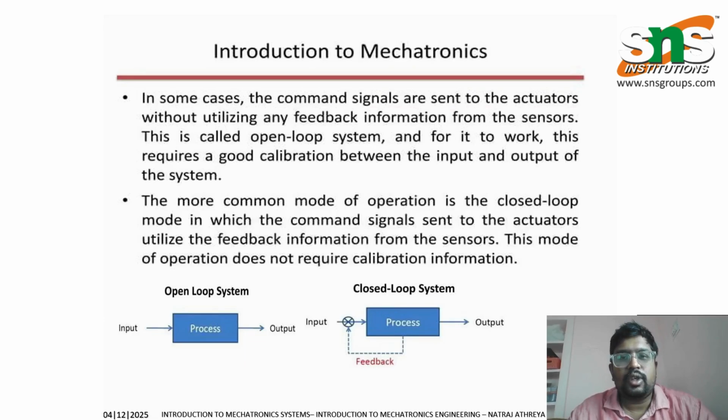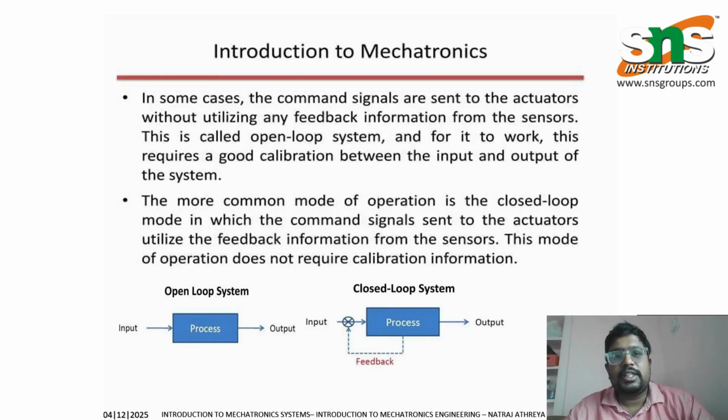In short, we can say that mechatronic systems will have a sensor and actuator, and in between we'll have the computing part. The computing part can be a processor, microcontroller, or a computer, or mobile systems, and so on.